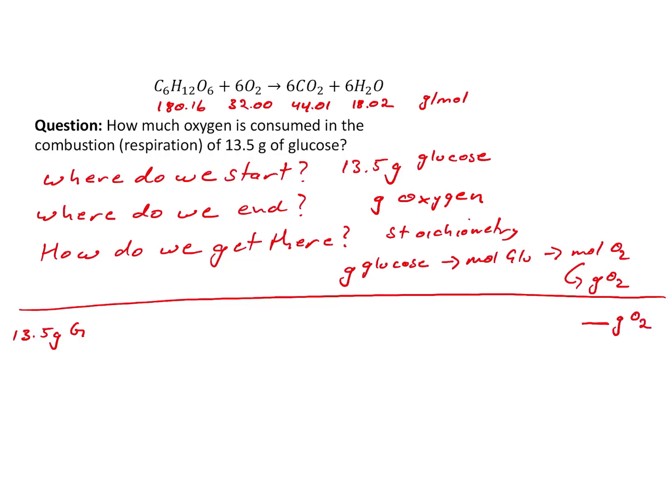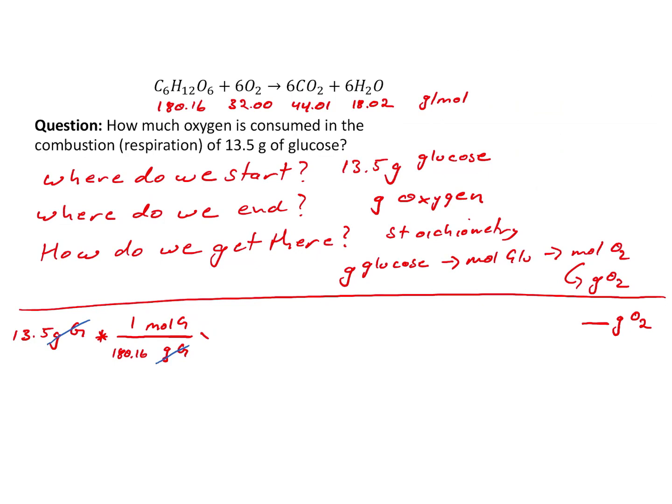So that's where I'm trying to get to. The first thing I need to do is get rid of the grams of glucose, and using the molecular weight, I can convert that into moles of glucose. From the molecular weight, 1 mole of glucose is 180.16 grams. That gets rid of that unit.